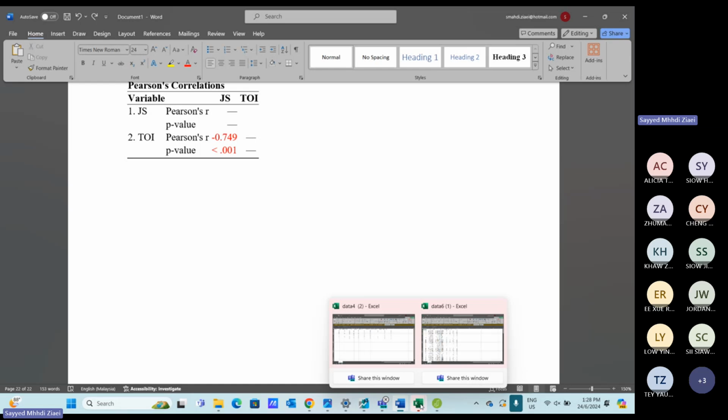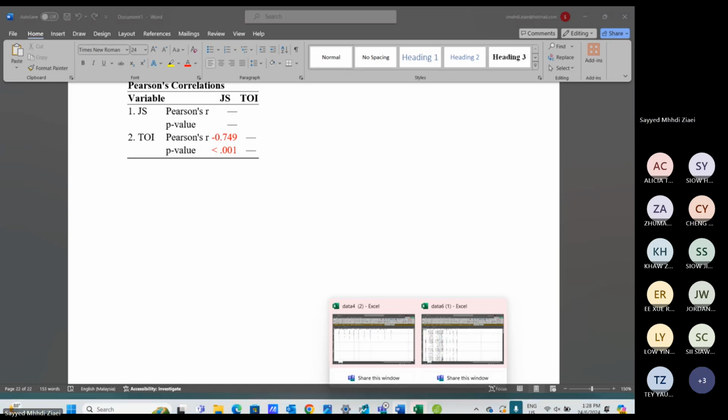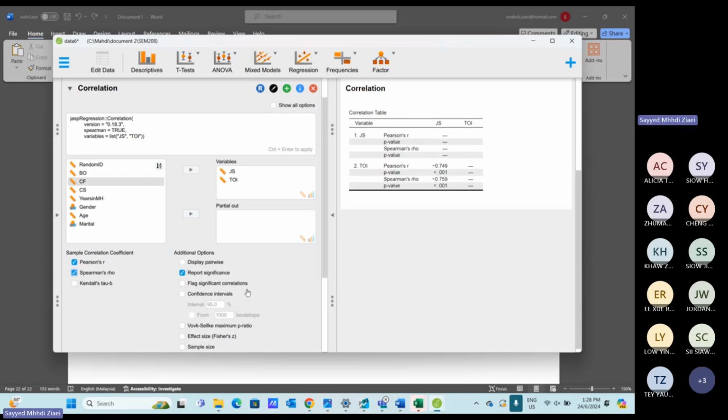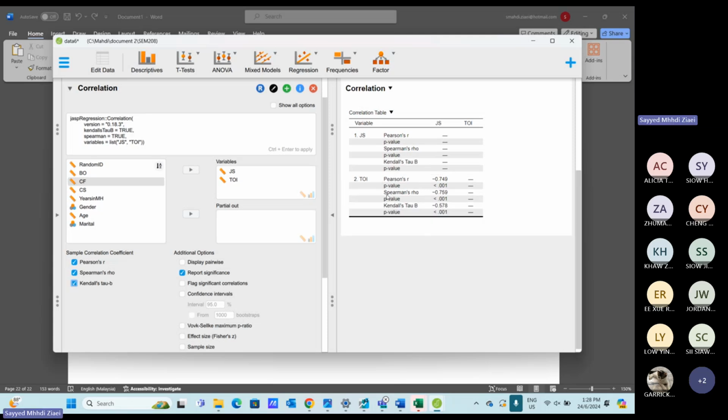But if you want detailed information, Pearson cannot give us that. Of course, we have other types of tests like Spearman and Kendall. In your table, you can get information from these two tests as well, and the results are consistent for Spearman and Kendall.